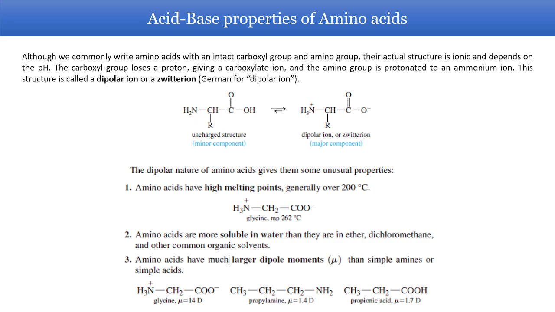Amino acids are more soluble in water than in organic solvents like ether and dichloromethane. They also have much larger dipole moments than simple amines or simple acids. You can see that from the dipole moment of glycine, 14 D, but for propylamine it's 1.4 D, and for propanoic acid it's 1.7.